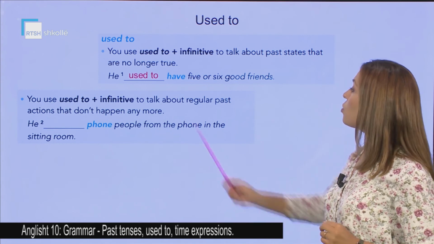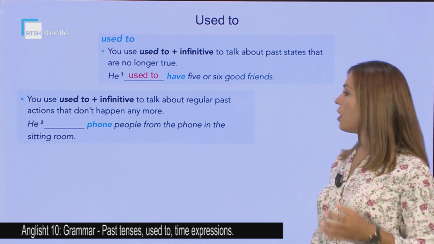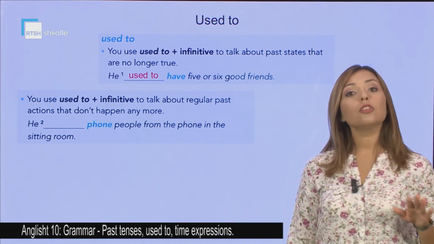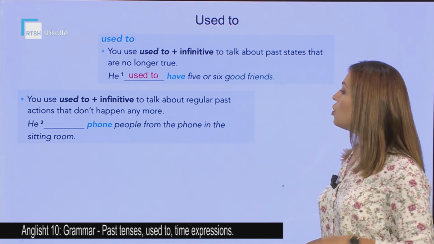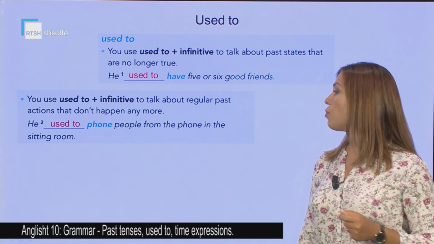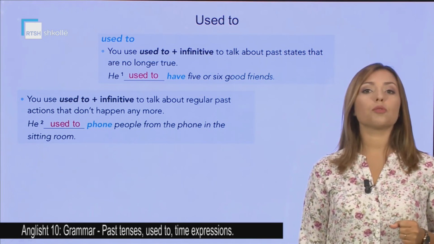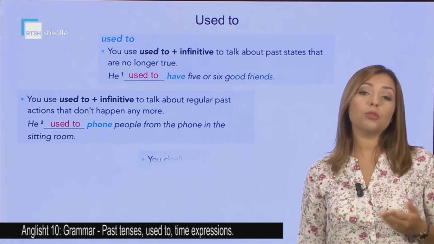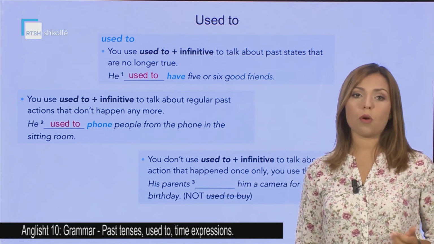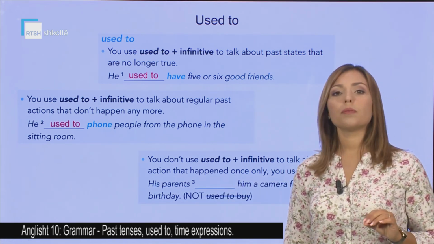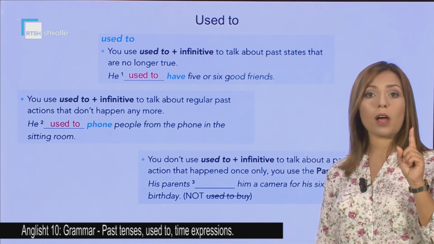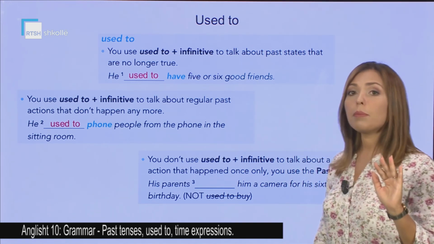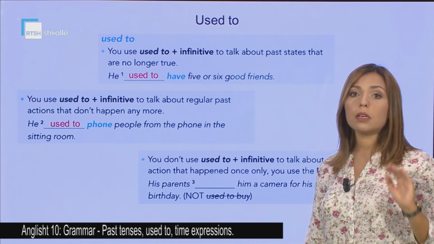Or, when we want to talk about things or actions that don't happen anymore, like he used to phone people from the phone in the sitting room. He used to do that, but he doesn't anymore. Be careful. We cannot use used to if something happened just once and it doesn't happen anymore, or it didn't happen again.